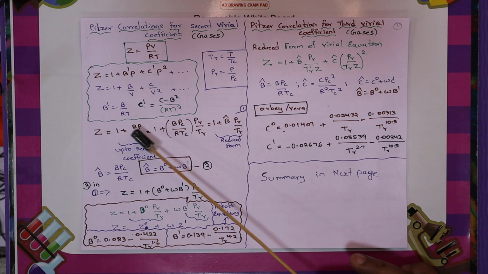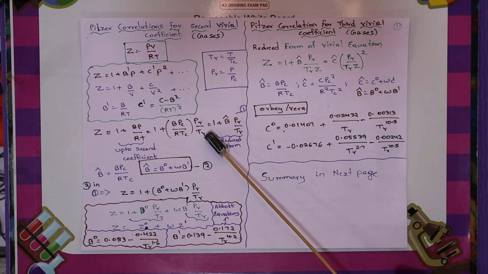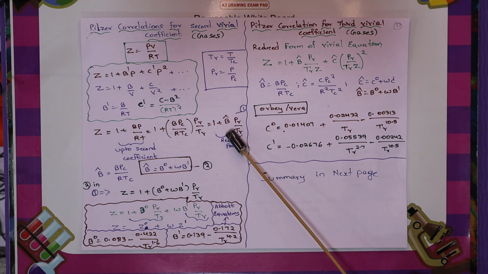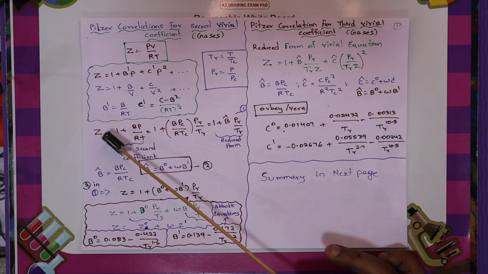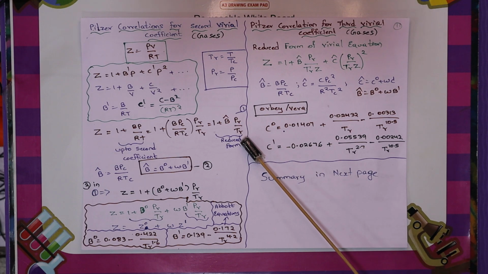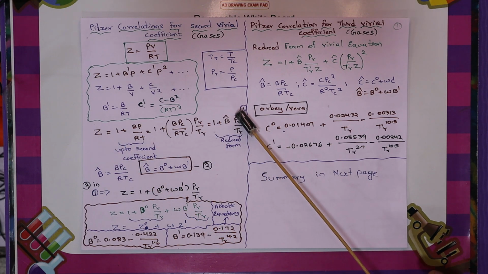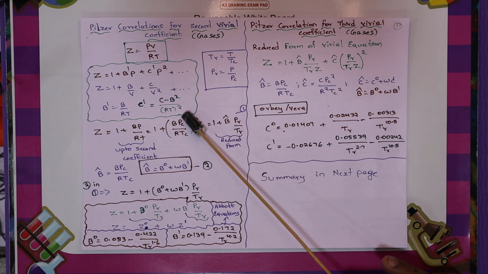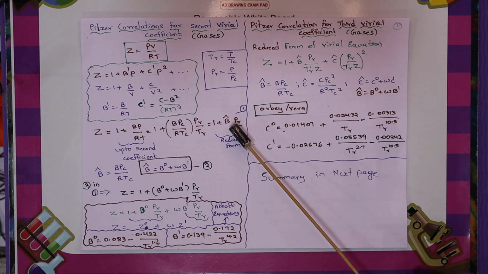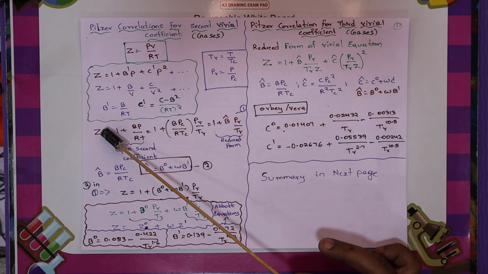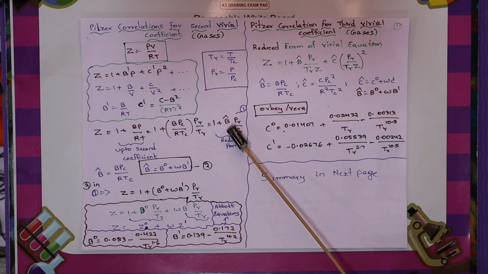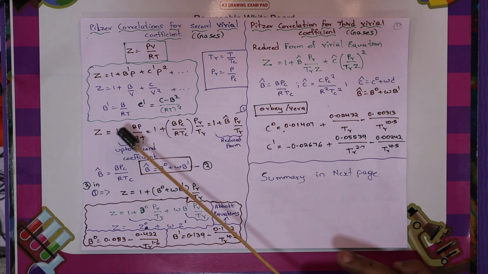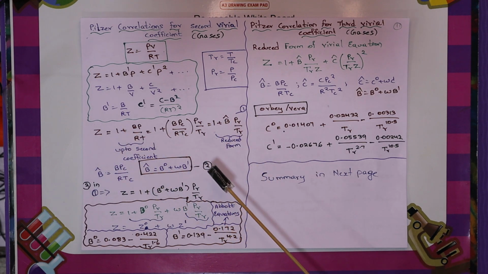Then Z equal to 1 plus B cap into PR by TR. So you estimate the compressibility factor in terms of reduced form. What is B cap? It is BPC by RTC. If you know B cap, you know Z. That is what the Pitzer correlation talks about. Pitzer developed an expression for B cap, and if you know it, you can calculate Z. That is the whole idea.